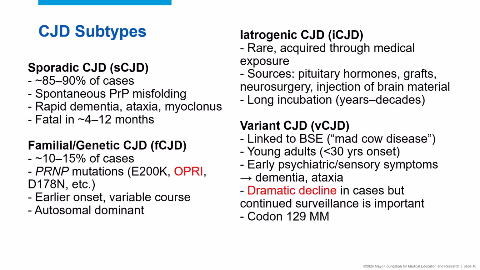And then variant CJD is basically mad cow disease. Currently in the US, there haven't been any detected cases in many, many years.